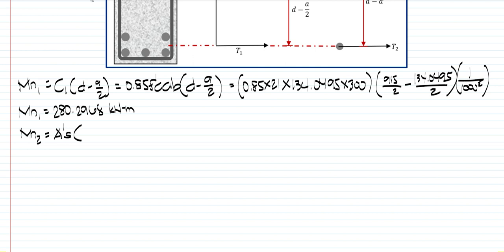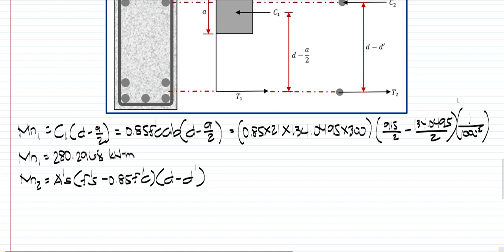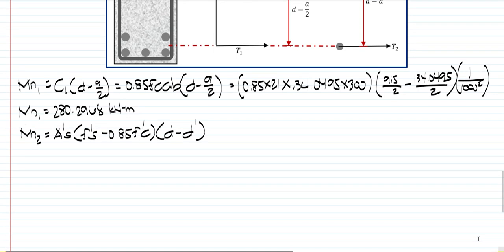And na-prove natin kanina na compression steel does not yield. So, that is F prime S na na-compute natin kanina minus 0.85 of our F prime C times D minus D prime, which is the moment arm shown in this figure.